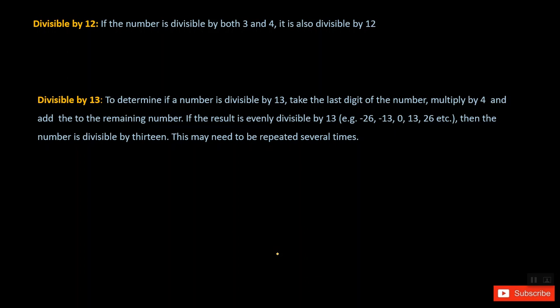To check whether a number is divisible by 6, we checked with 2 and 3. But to check whether a number is divisible by 12, we have to check whether it is divisible by both 3 and 4. If it is divisible by 3 and not by 4, or divisible by 4 and not by 3, then that number is not divisible by 12.